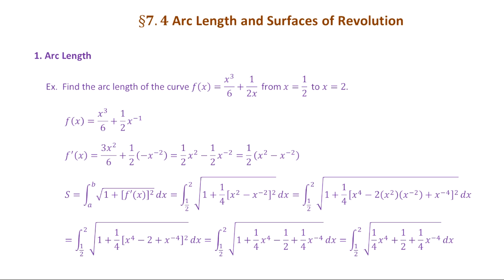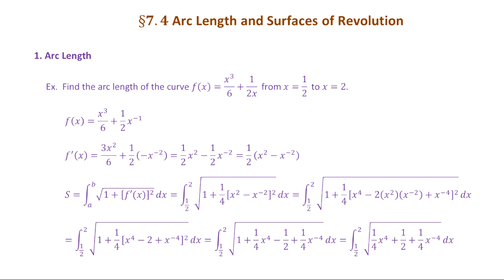If you square it, you get the 1/4 from 1/2 squared, and then you square x squared minus x to the negative 2. You can FOIL if you want, or use the formula as I did here. So x squared minus x to the negative 2, squared, is just x to the 4th minus 2 times x squared times x to the negative 2 plus x to the negative 4.